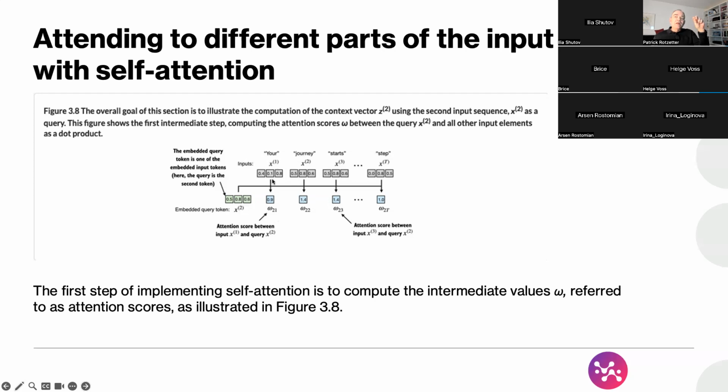So "your" and "journey" are closely related. Then you have "journey" with itself, 1.4, then "journey" with "starts", 1.4, and so on. These are attention scores. This is just computed as a dot product. It calculates the similarity and gives a number.